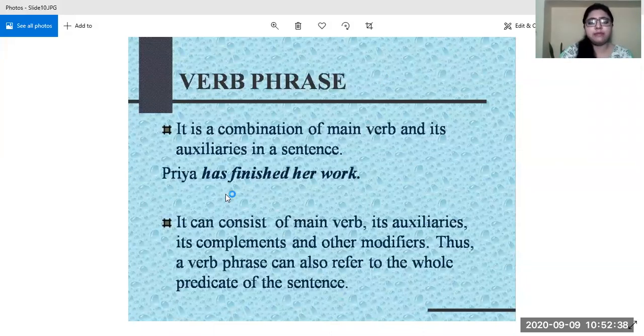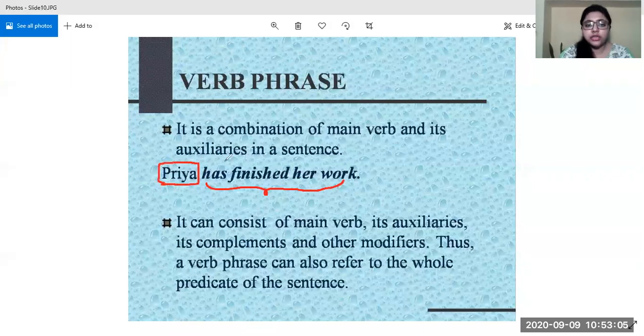Let us look at this example. Priya has finished her work. Now Priya has done what? She has finished her work. So this is denoting an action performed by the subject. What is the subject in this sentence? Not in the phrase, the subject in the sentence is Priya. And how is this group of words affecting the subject?